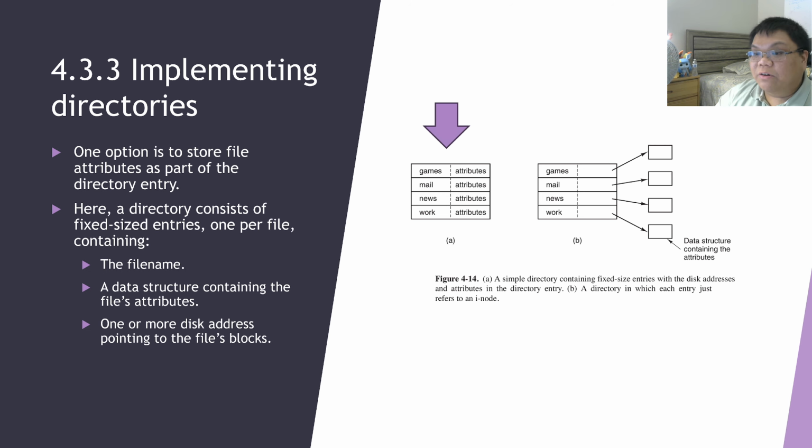And one option is to store it as part of the directory entry. A directory is simply a listing of every file and that file's metadata. So each entry contains, among other things, the file name, the metadata for that file, and at least one disk address that points to the file's blocks.